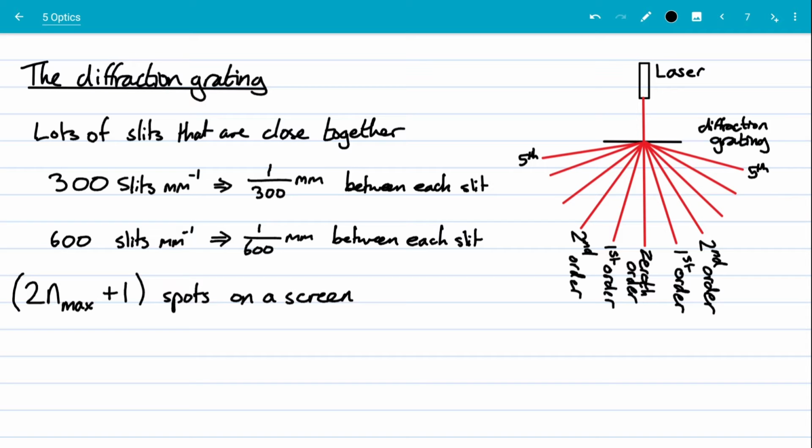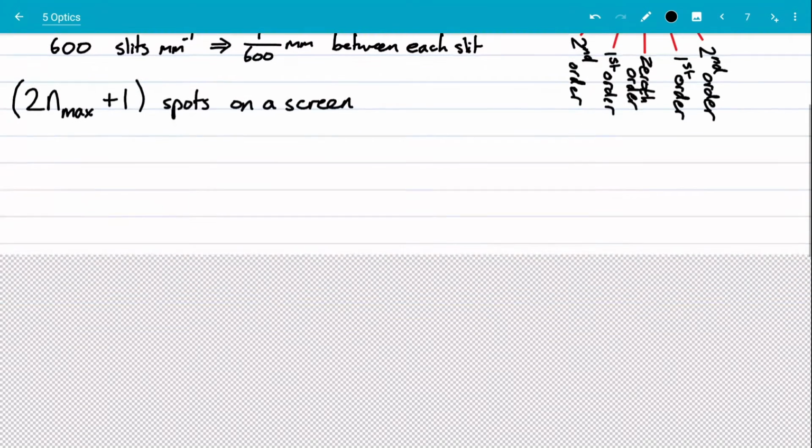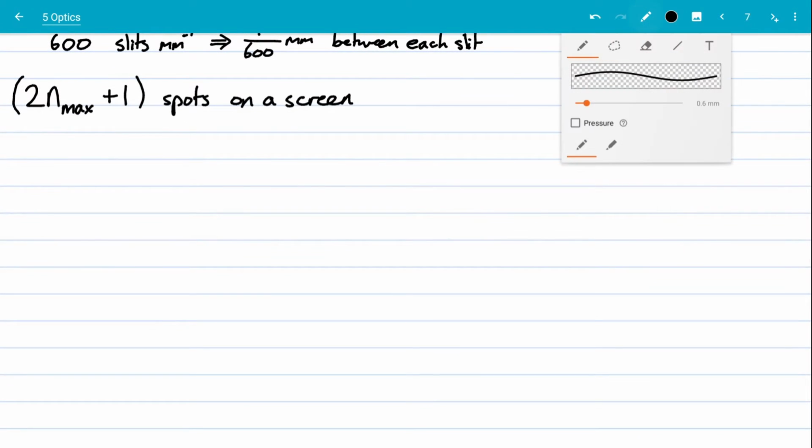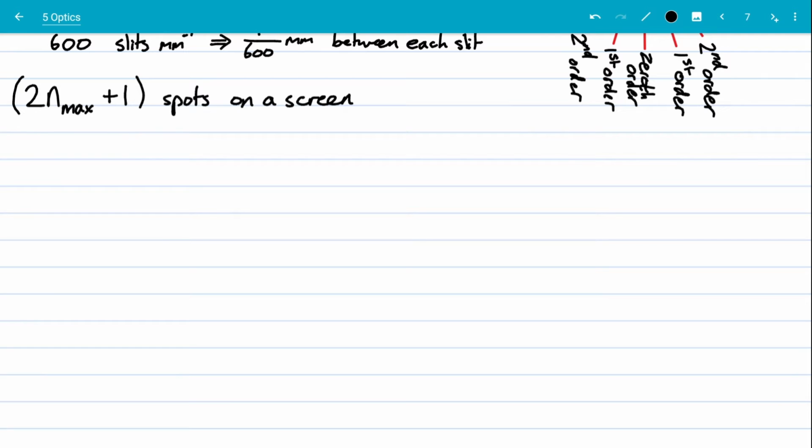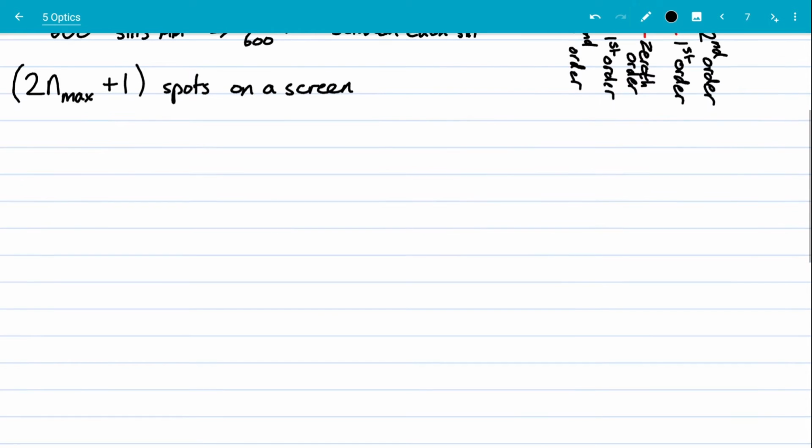Because we've got an infinite number of slits that are all being illuminated with this coherent monochromatic light, then there should be cancellation somewhere. Somewhere there'll be light that arrives and cancels out. Let me show you what I mean. Let's draw a bunch of slits. Let's just do a diagram.